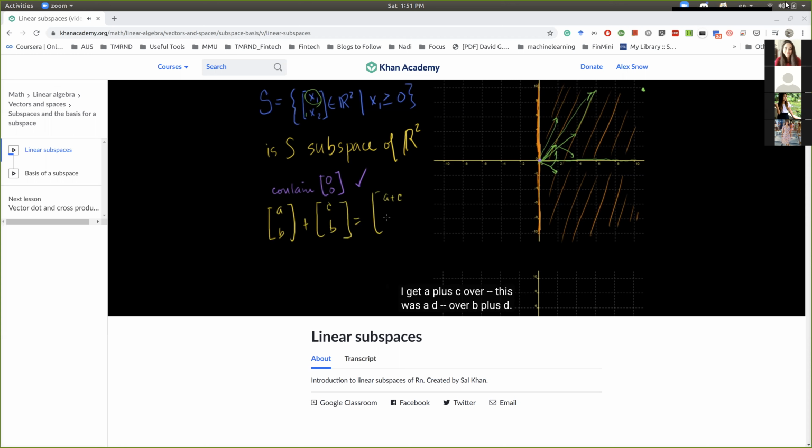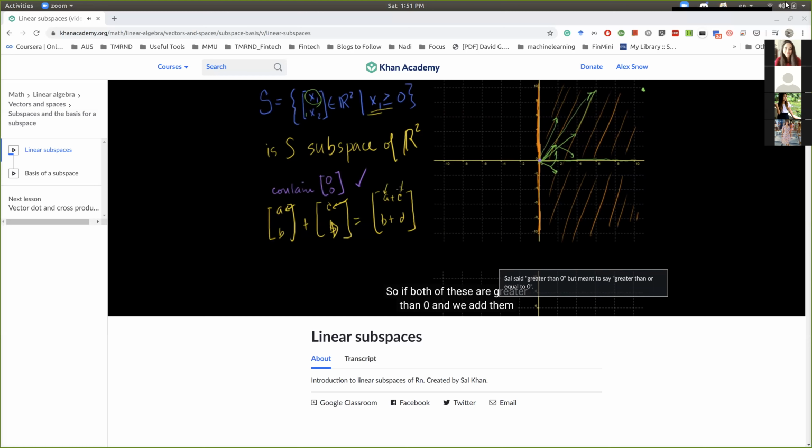That was my requirement for being in the set. So if both of these are greater than 0 and we add them to each other, this is also going to be greater than 0. And we don't care what the second component is; it can be anything. I didn't put any constraints on the second component of my vector. So it does seem like it is closed under addition.